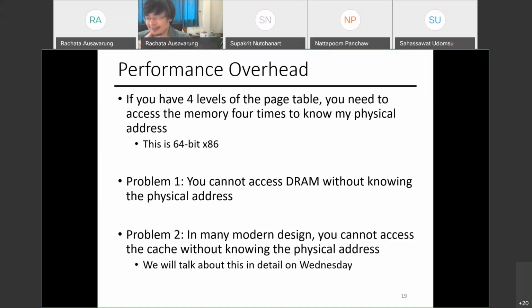What does the fact that if you don't have the physical address, you can't access the cache, mean to the cache access? So let's say I want to access the L1 cache, but I don't know my physical address. To access the L1 cache without knowing the physical address, how many accesses to DRAM?